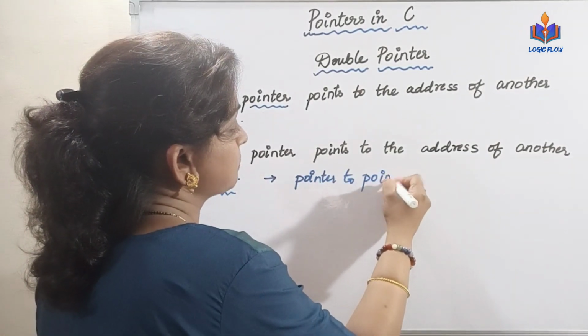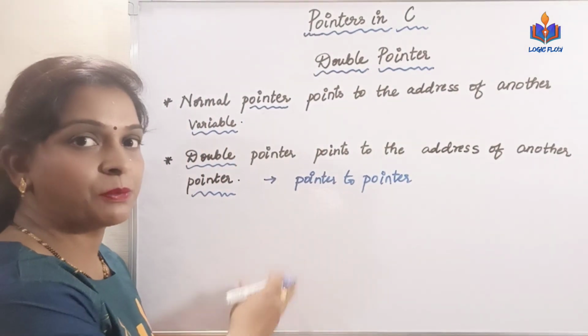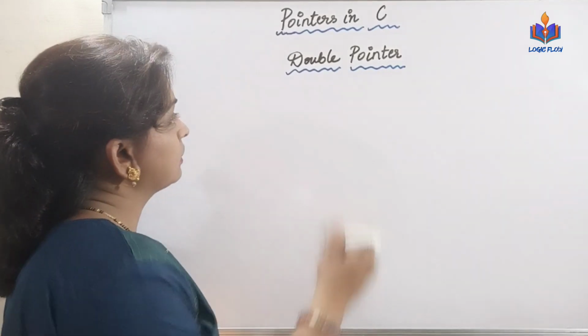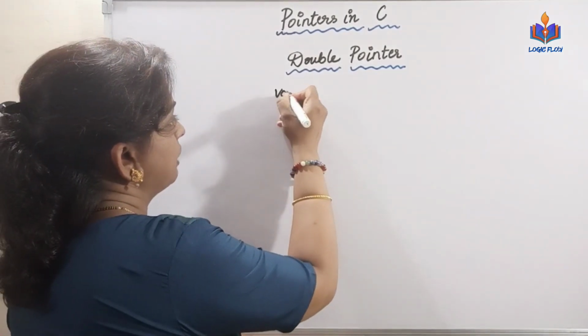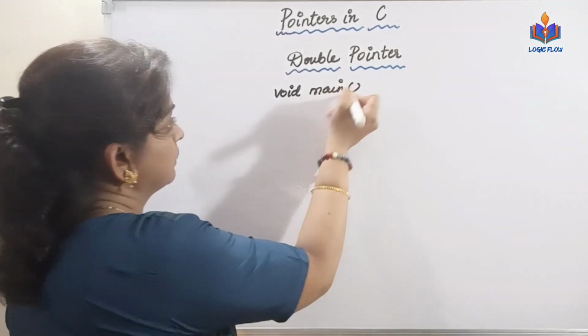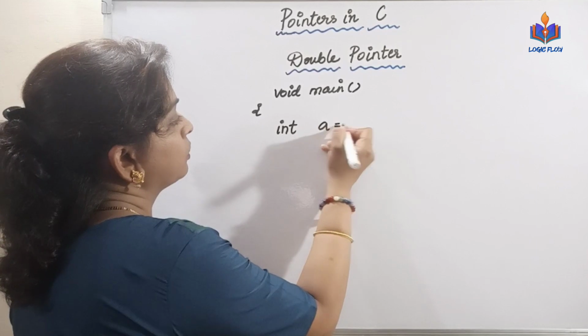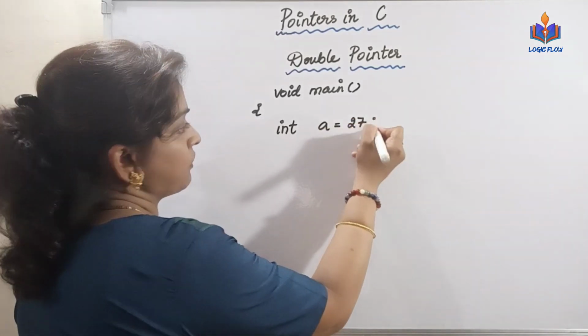So how can this pointer to pointer initialization be done? Let us see with an example. See here, let me have a main program, void main, and I'll say int a equal to 27.